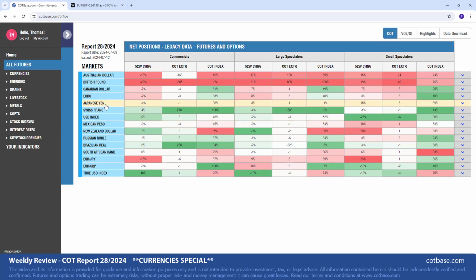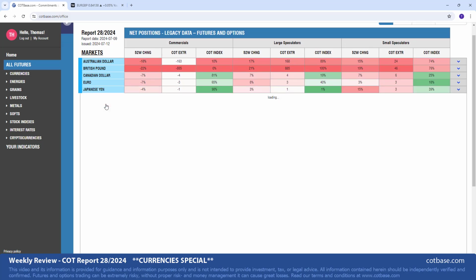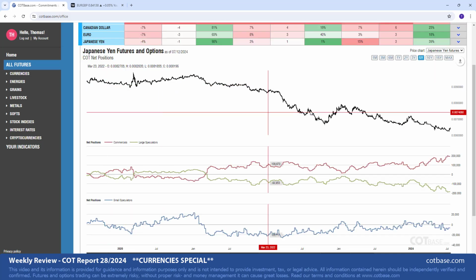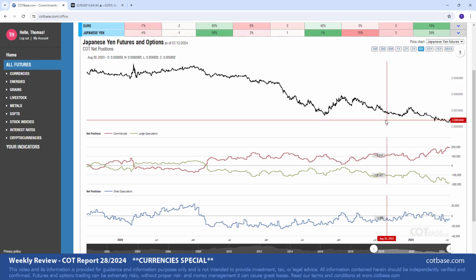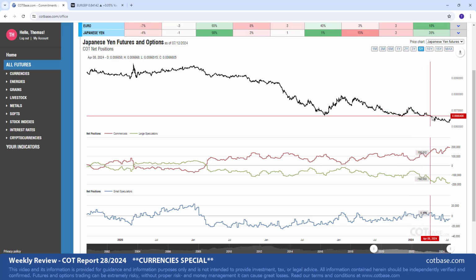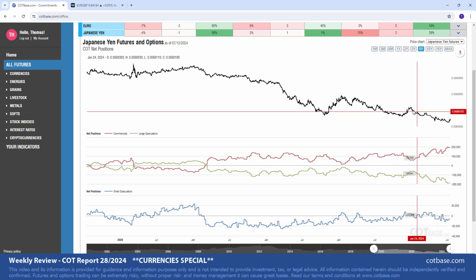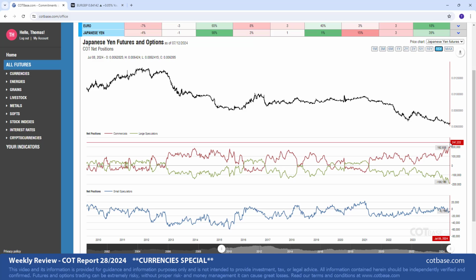The next market will be the Japanese yen. And here in the Japanese yen, you can see we have a 98% COT index, so a significant bullish COT extreme is present in the Japanese yen. However, we have seen bullish COT extremes for many months now, suggesting that caution could be important in this market.